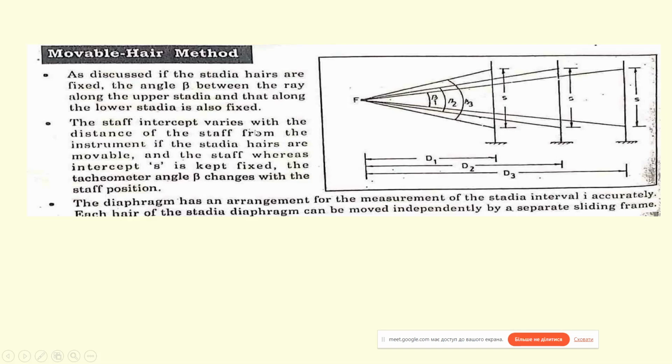The staff intercept varies with the distance of the staff from the instrument. If the stadia hairs are movable, the staff intercept is kept fixed as the distance varies, and the tachyometer angle B changes with the staff position.